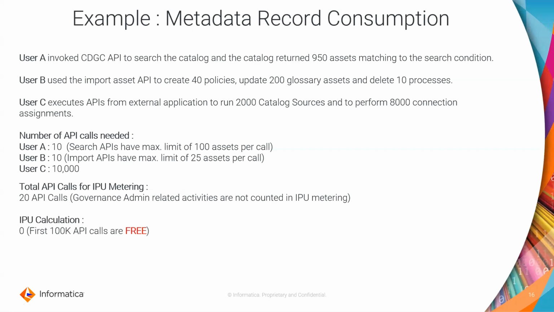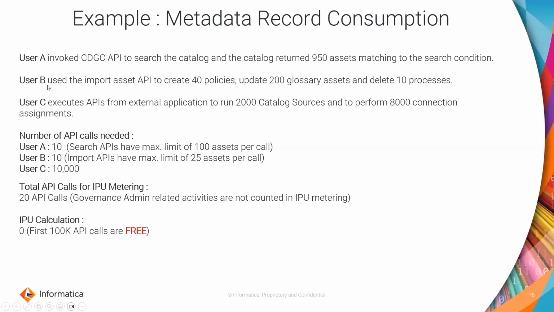Coming to the metadata records consumption. Users A, B, and C belong to 3 different roles or personas, where user A is just performing some searches. We can see that user A invokes the CDGC API search catalog, and the catalog returned 950 assets matching the search condition.